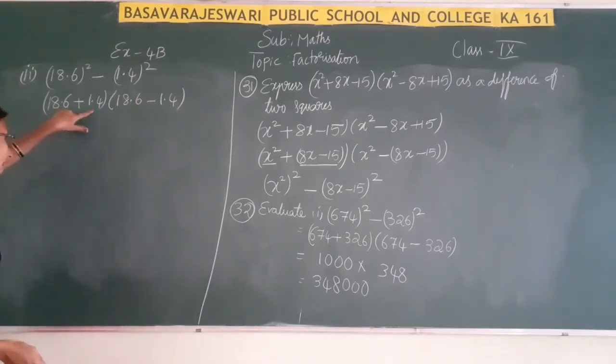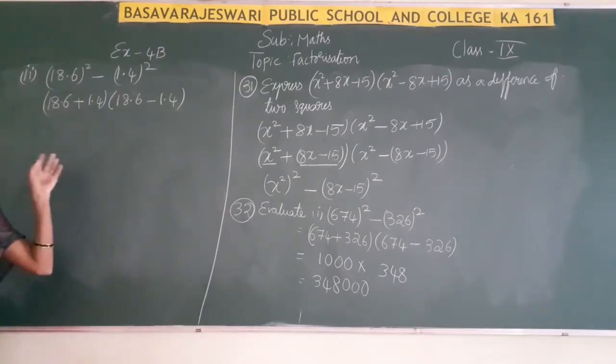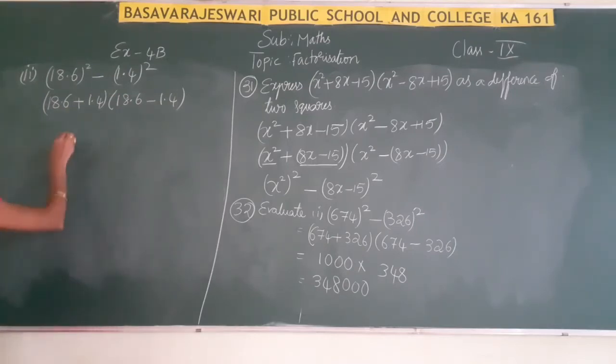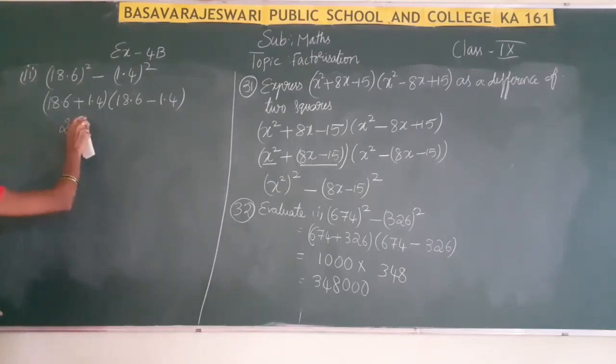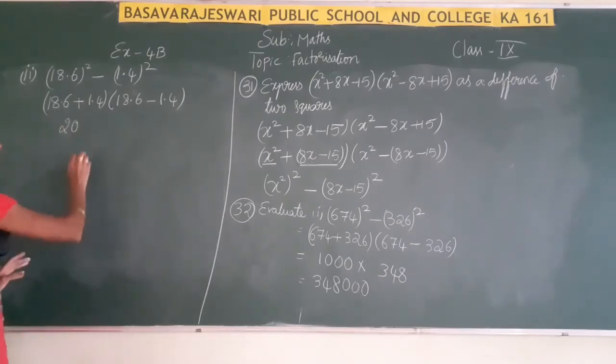These two, if we add, we will get 2.0, right? No, it is 20. We get 20.0, and we won't take that 0.0 because the value is 20 itself.